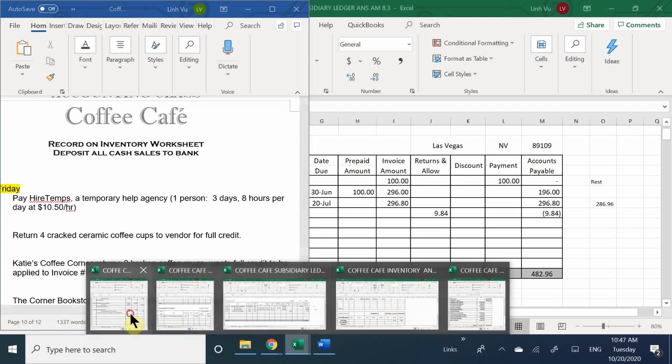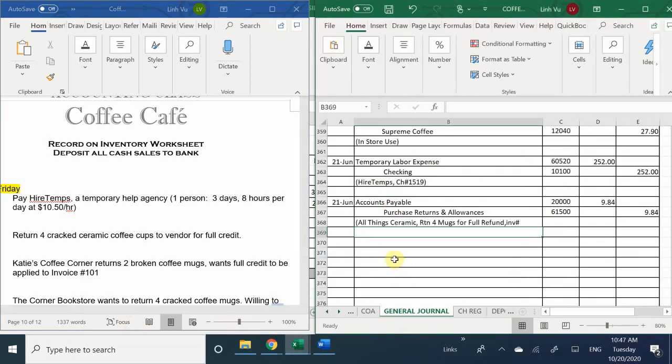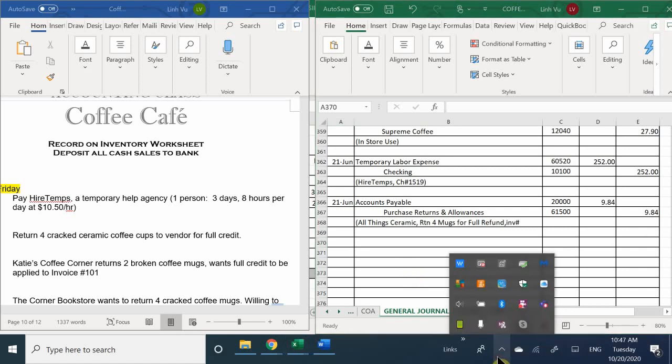So, what has happened next? We've already updated our inventory worksheet. So, what is next? Katie's Coffee Corner returns a broken coffee mug.